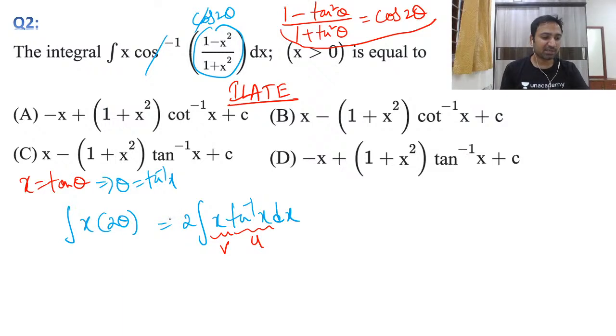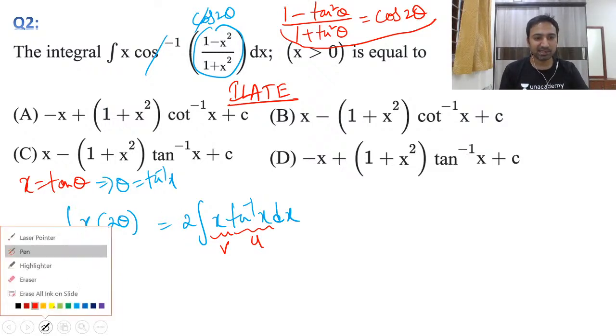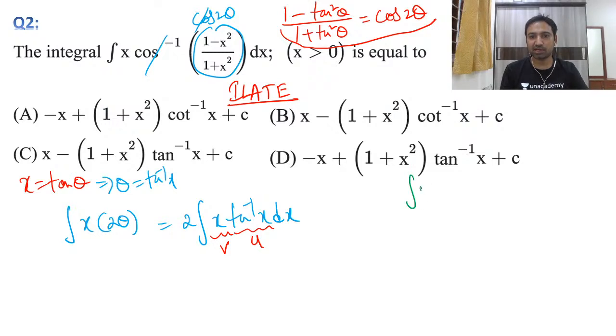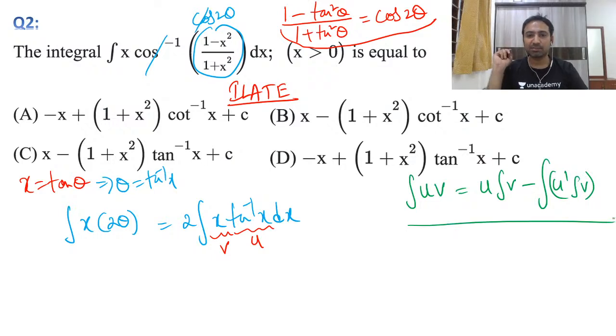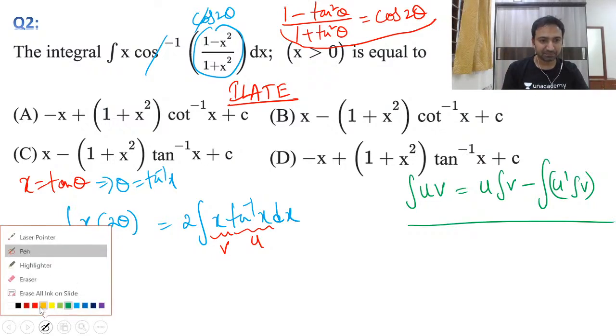And what is integration by parts? So we can apply integration by parts, guys. I'll tell you how to apply it. Let's say if you want to calculate integral uv, it is equal to u into integration of v minus integration of u dash into integration of v. This is a formula, guys. By using integration by parts, we can get the answer easily.